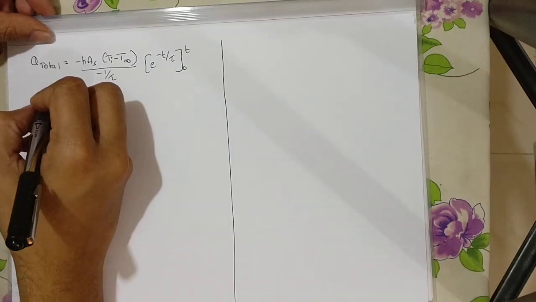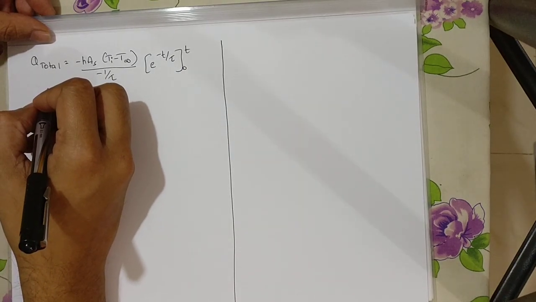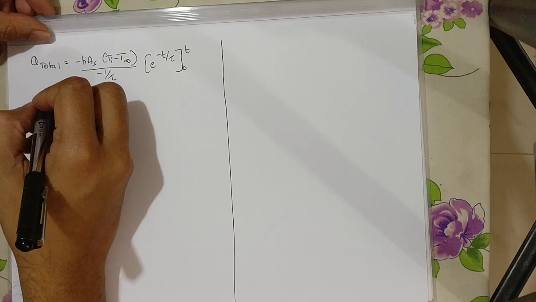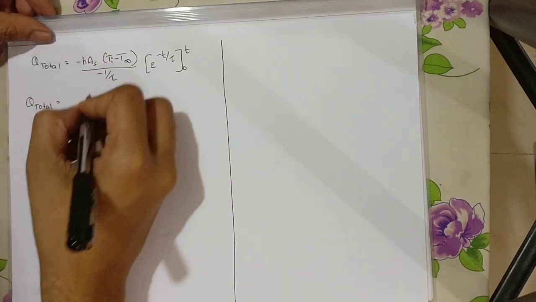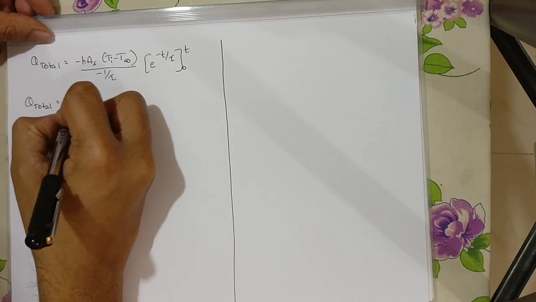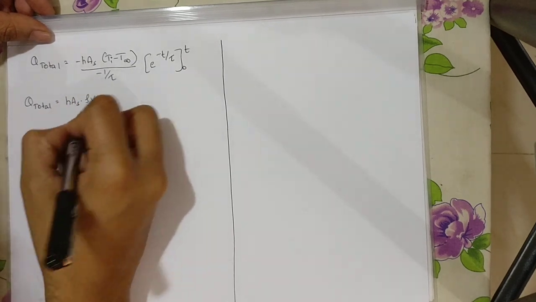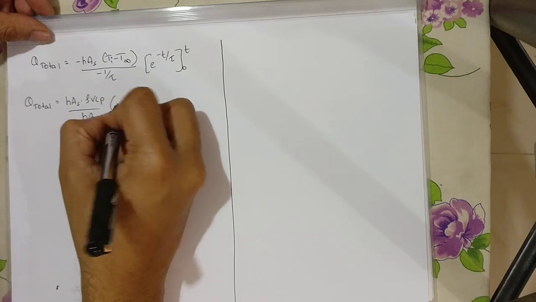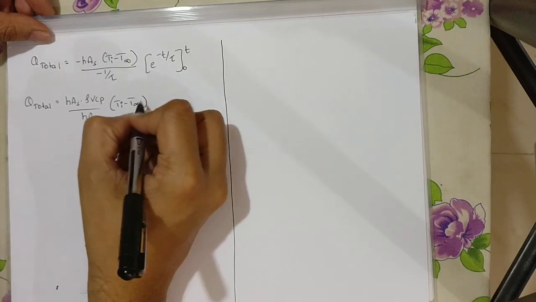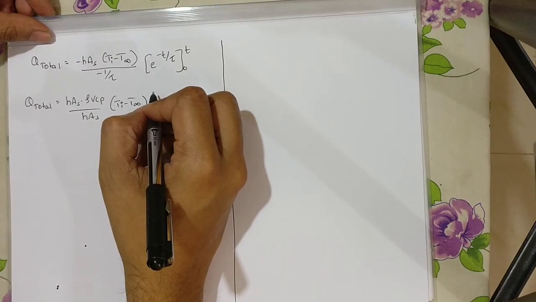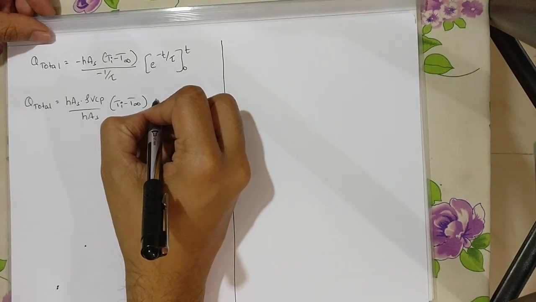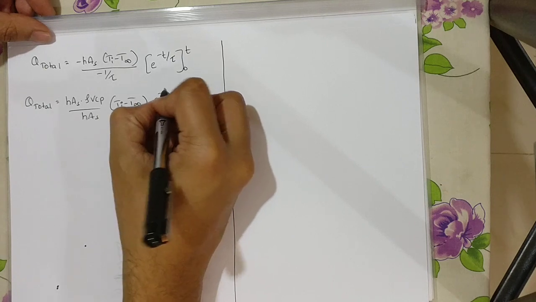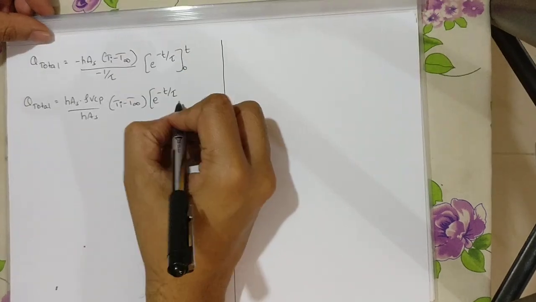Now what is tau? Rho V Cp by hA, right? Let us substitute that. Minus and minus become plus. What would be the value of this, guys? It would be e power minus t by tau, upper limit minus lower limit.